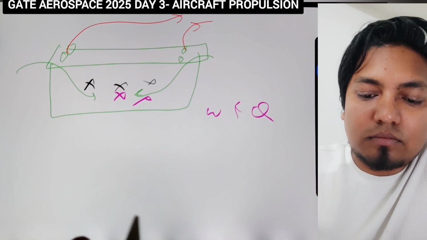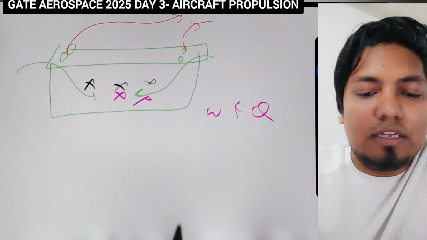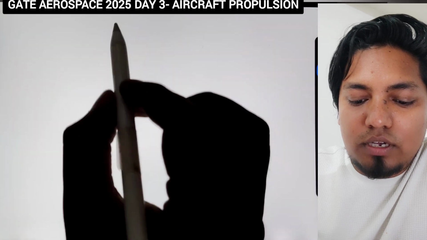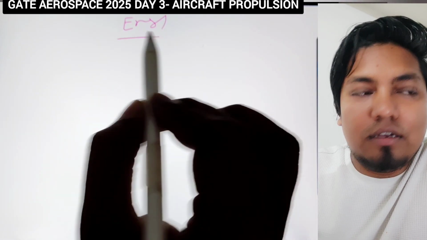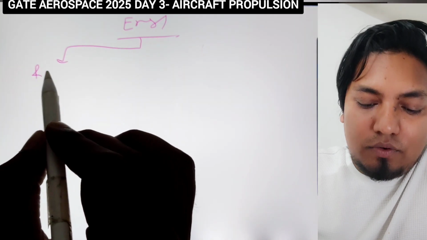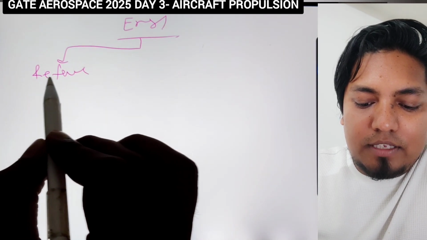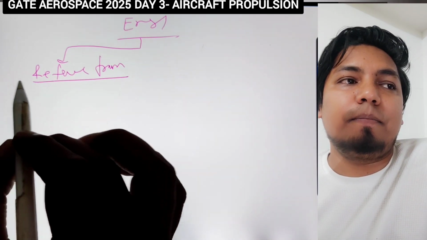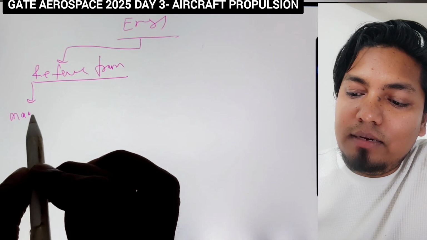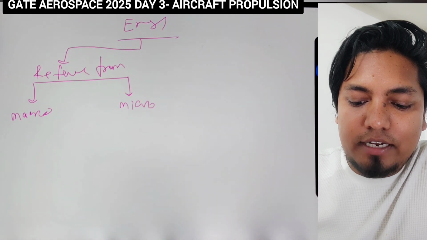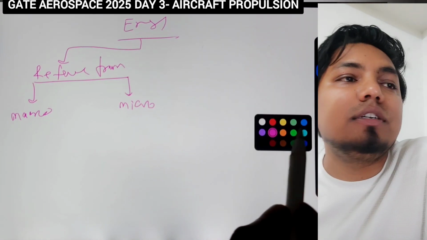So if you divide energy on the basis of reference frame, you divide it into macroscopic and microscopic. In macroscopic, you have two types of energy, kinetic energy and potential energy.